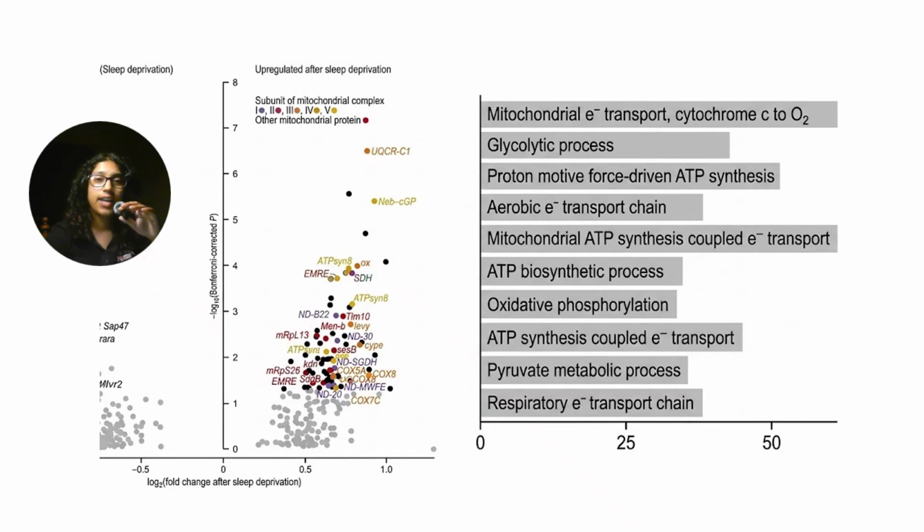Here you can see that the mitochondrial respiration and ATP synthesis, like the mitochondrial electron transport, which is cytochrome C to the oxygen, the whole mitochondrial respiratory chain, the glycolysis pathway, the mitochondrial ATP synthesis coupled electron transport, and the pyruvate metabolism, everything that is related to the respiratory chain and ATP synthesis gets upregulated.